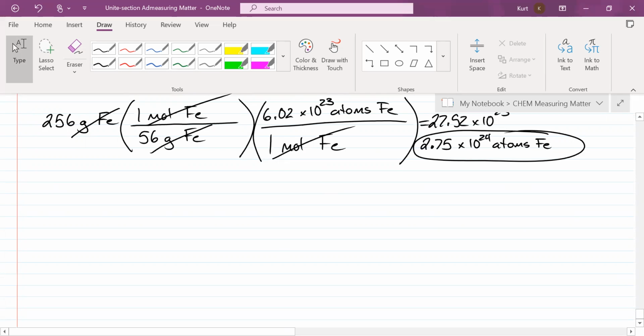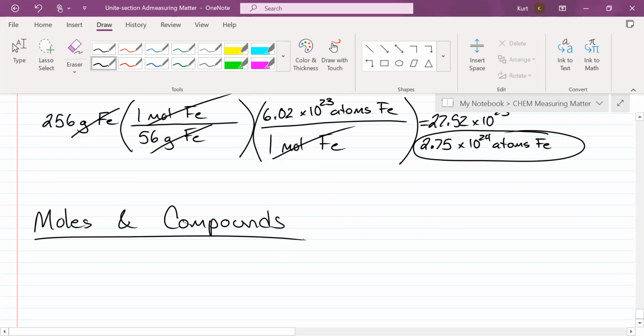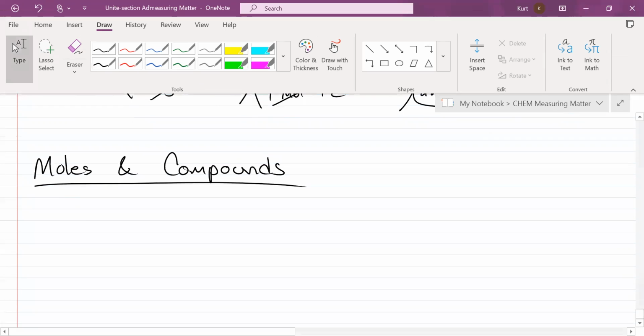So now, let's spend the last 10 minutes or so on the final part for today. This is going to help you with your homework. It's going to be moles and compounds. Okay.